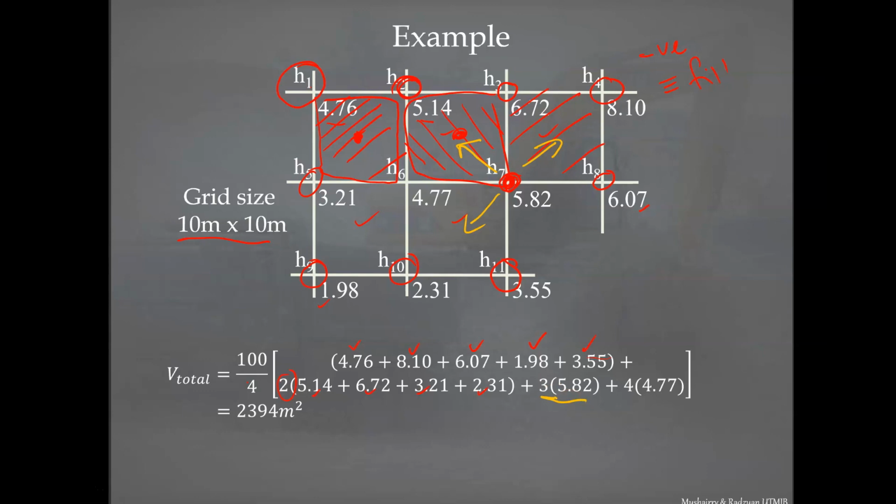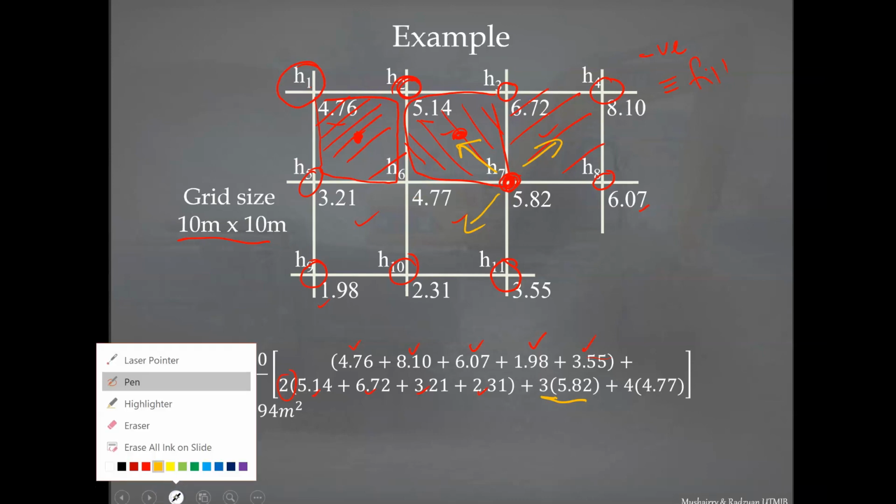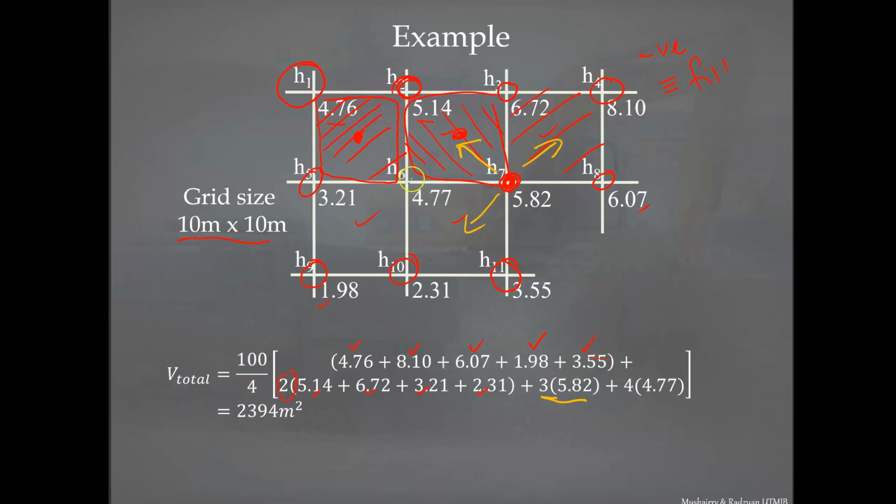And lastly, we have 4.77, which is H6. We'll be using that number 4 times for that volume, that one, and that one. So that's why we have 4 multiplied by 4.77.